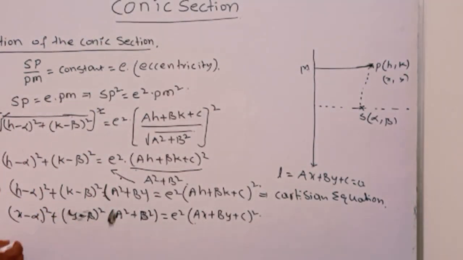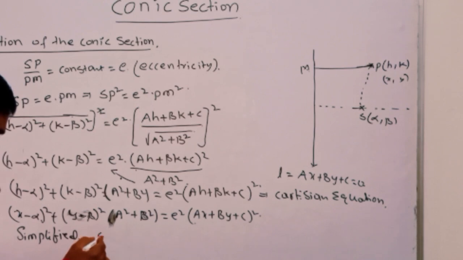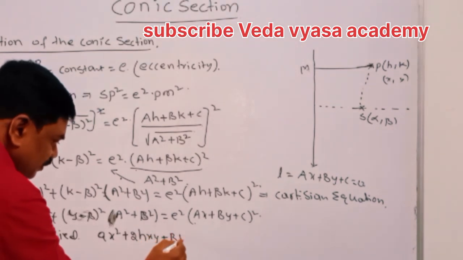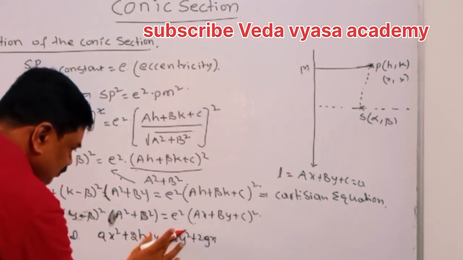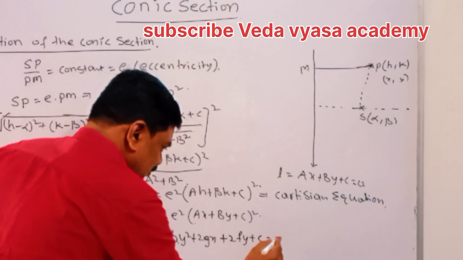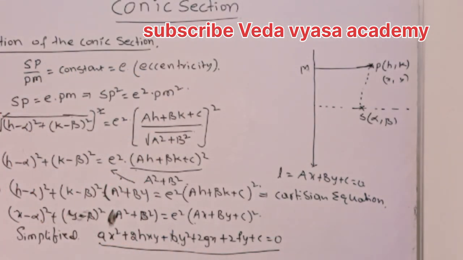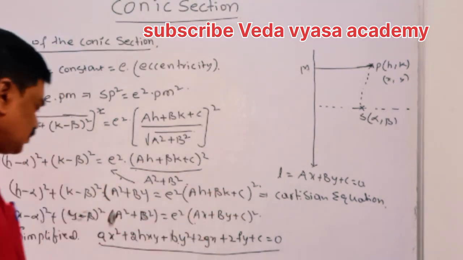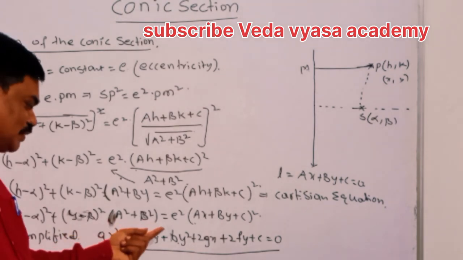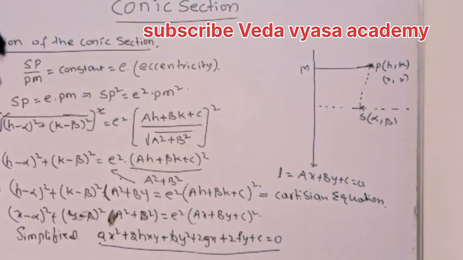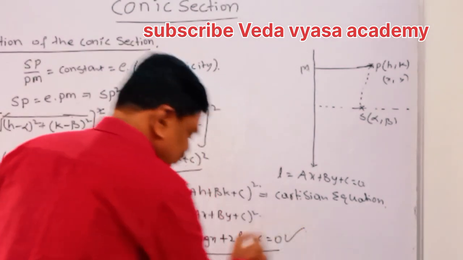So this is the simplified form. The simplified form of this equation is in the form ax square plus 2hxy plus by square plus 2gx plus 2fy plus c is equal to 0, which is the equation of the conic section. If you simplify this, you will get the equation of conics like this.